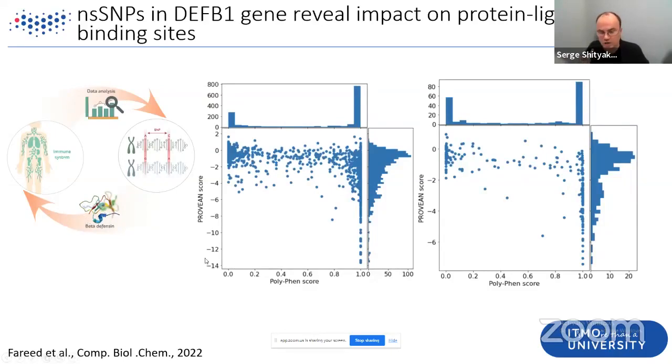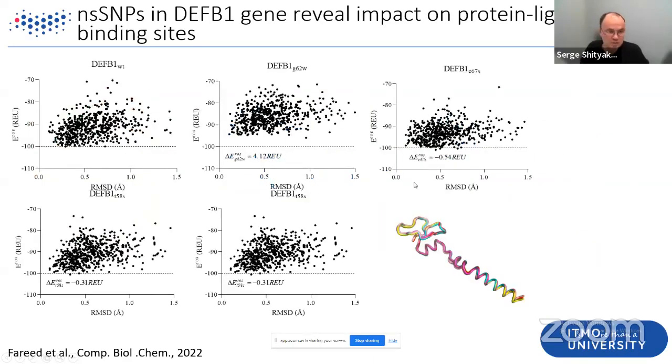Actually, this was the hypothesis, and we did some bioinformatics magic here, and we found some SNPs which have a very unstable impact on the protein, like in position 62.